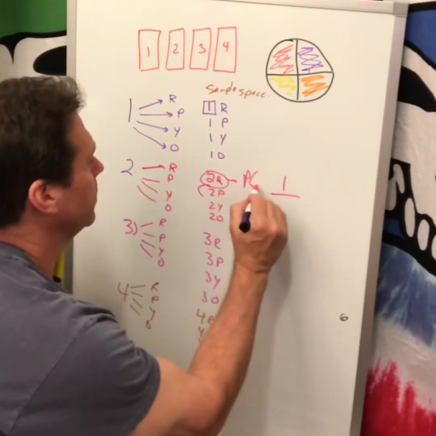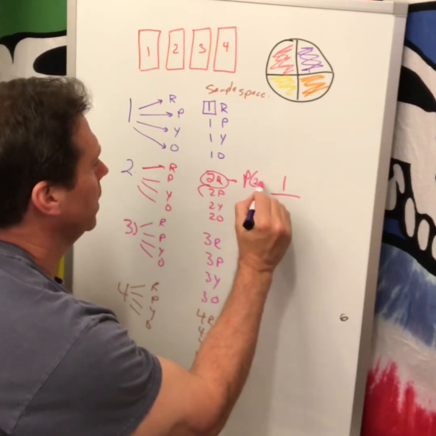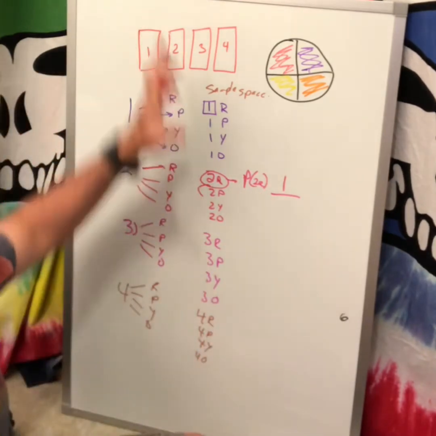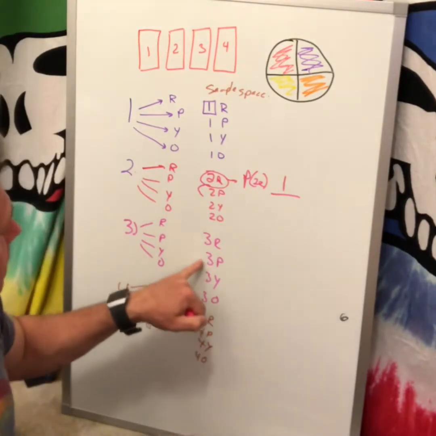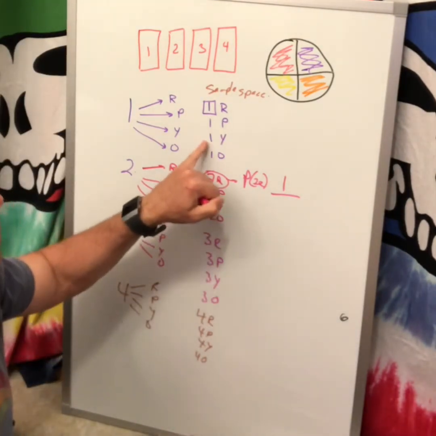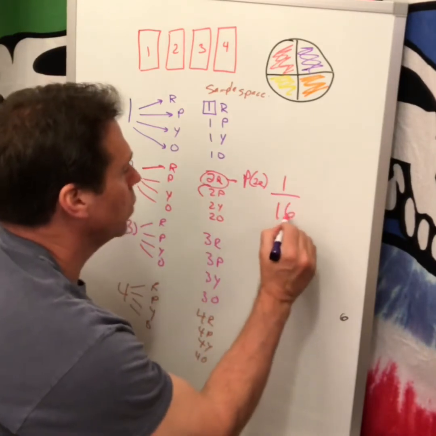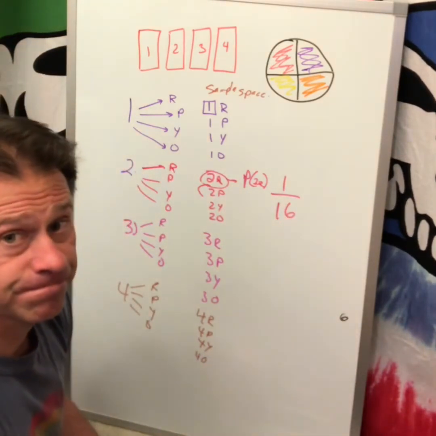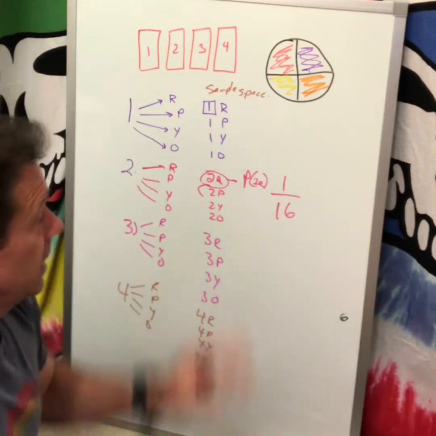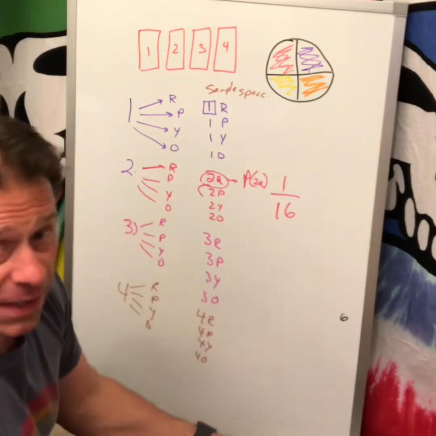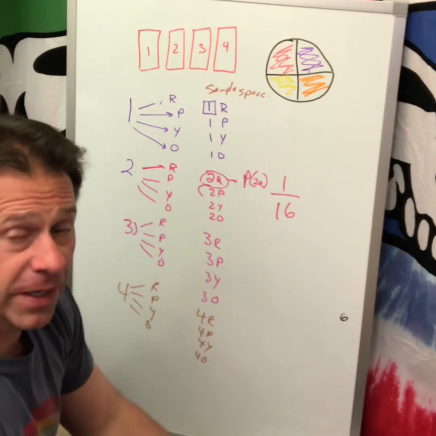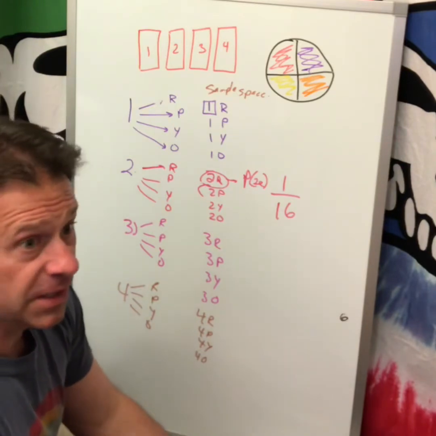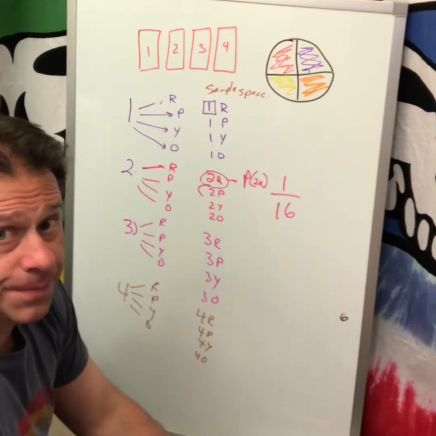I'll write probability of a 2 and an R is 1, but then how many total possible outcomes are there? 1, 2, 3, 4, 5, 6, 7, 8, 9, 10, 11, 12, 13, 14, 15, 16. So 1 out of 16 chances. And that's your probability. That's a theoretical probability if you have 2 different separate events that are independent of each other. That's how you do the assignment. It's not too bad.